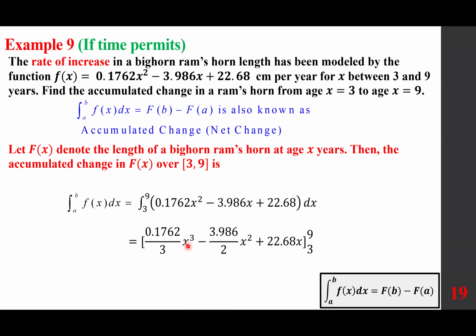You plug in 9, cube it times this, divided by 3, 9 squared. You plug in 9, you plug in 3, and you evaluate it, and it becomes 85.5036 minus 51.6888. The result is 33.8148. And always answer with the units. The units are centimeters. Accumulated change, or the net change theorem.